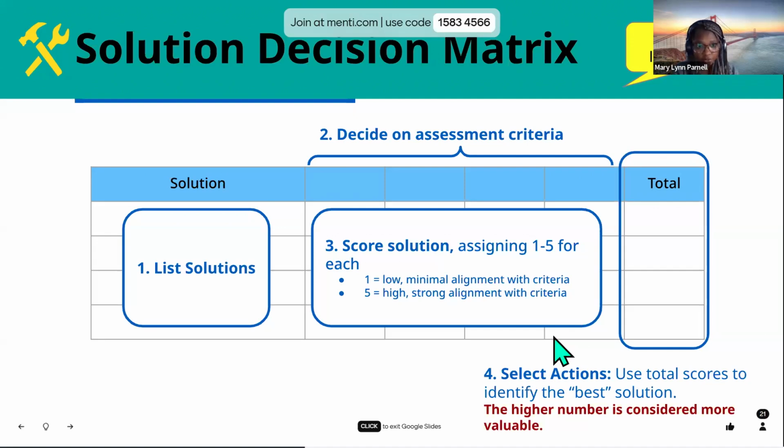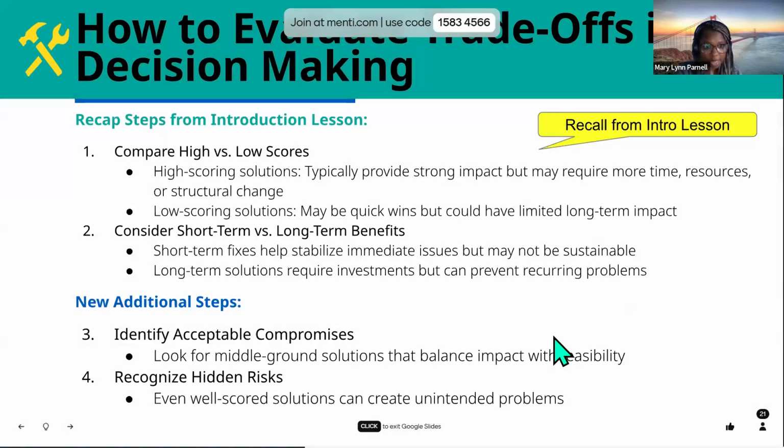This is a review of the solution decision making that we covered the first time together. Remember, we had a list of solutions, we decided on the criteria, we scored it, and then we looked at the total, using the total scores to identify the best solution. Then we covered how to evaluate the trade-offs in decision making.